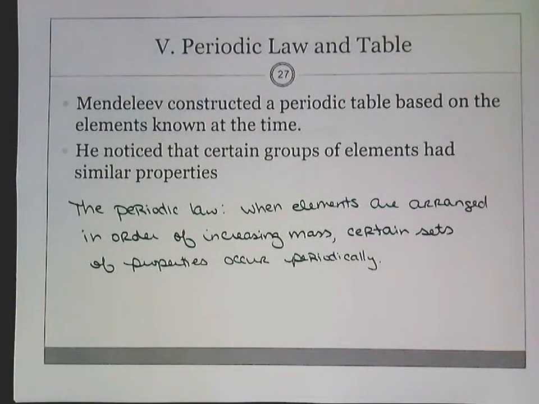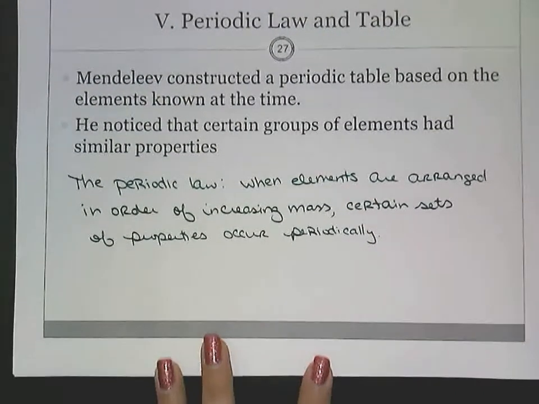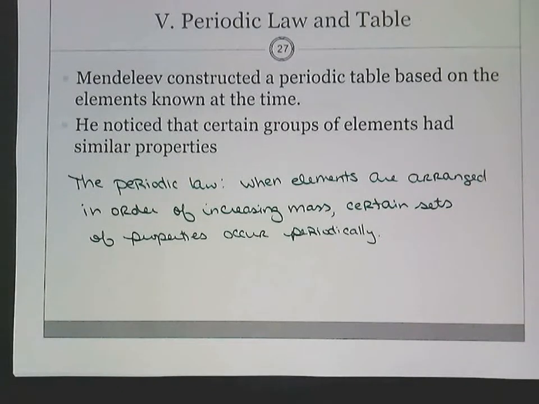So by setting up the periodic table in this manner, we see that elements in a shared column all have properties that are similar to each other.